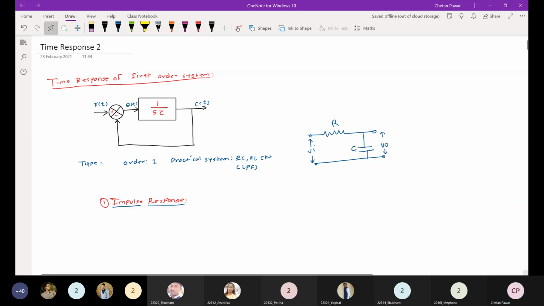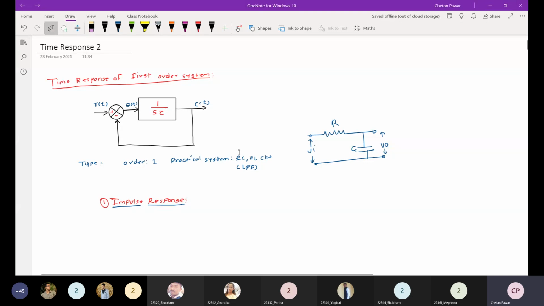First order. No, the order is first only, but there is a type also, no? We define type for the open loop system. So what is the open loop transfer function here? When we find out the type, we use the open loop transfer function.